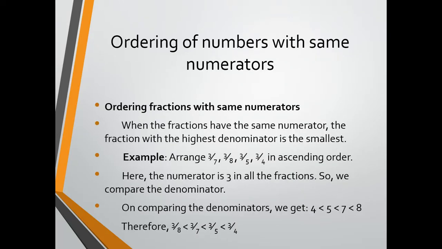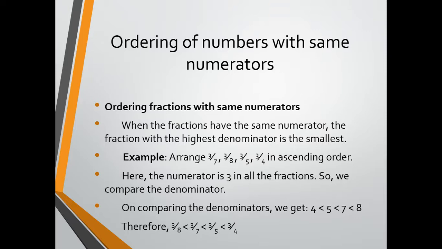Now, having the same numerator. If they have the same numerator, it's a different format than when they have the same denominator. When the fractions have the same numerator, the fraction with the highest denominator is the smallest.